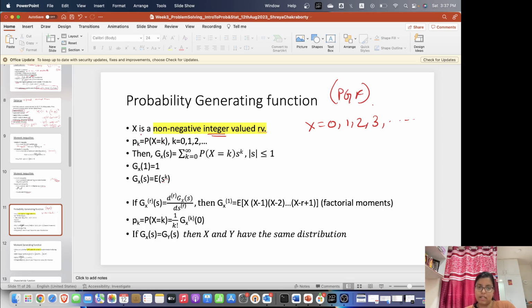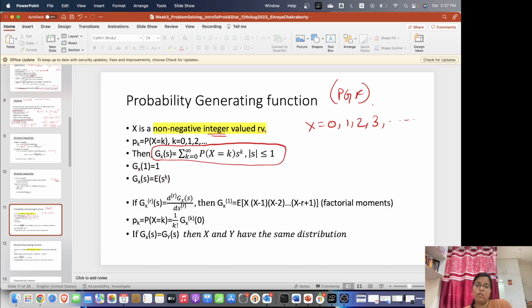If we define it in this manner, then the probability generating function can be written as summation k equal to 0 to infinity, probability x equal to k, s to the power k, where we should be mindful that the absolute value of s has to be less than or equal to 1, because only then this series is going to converge. This function will be defined, or it will exist.